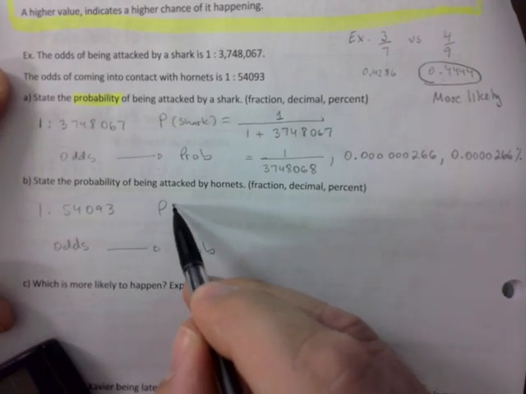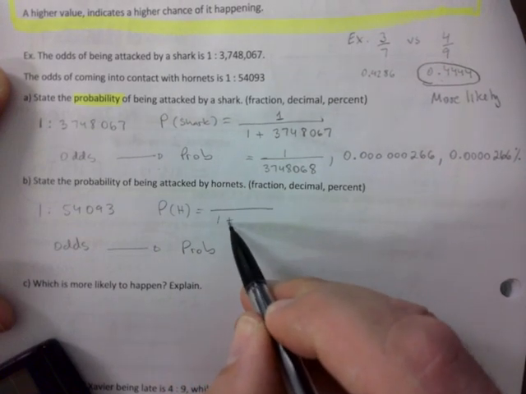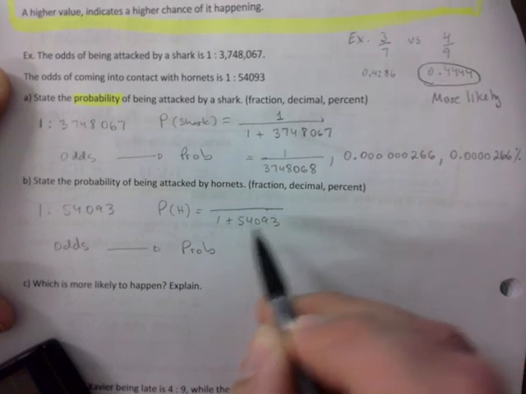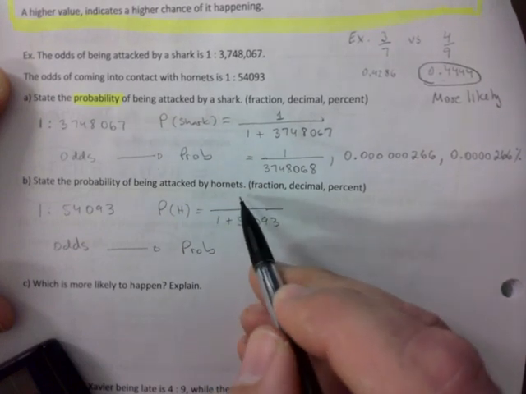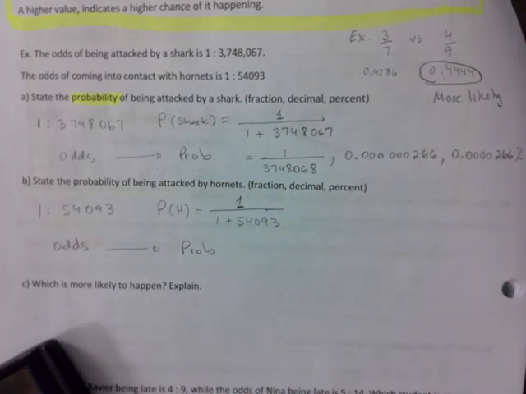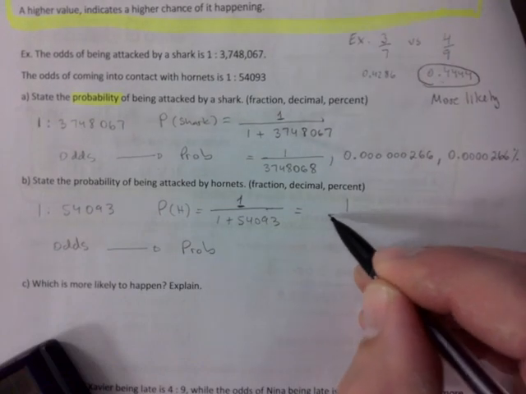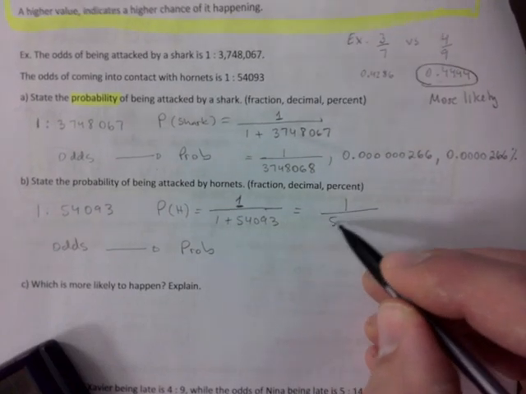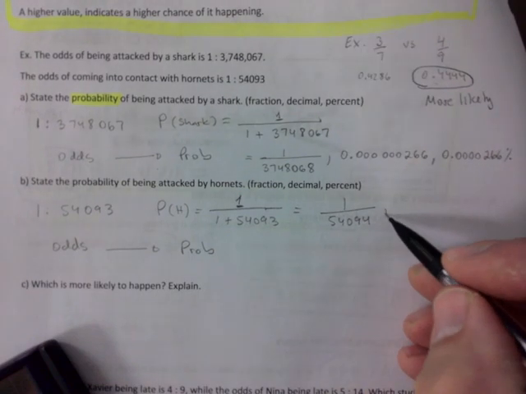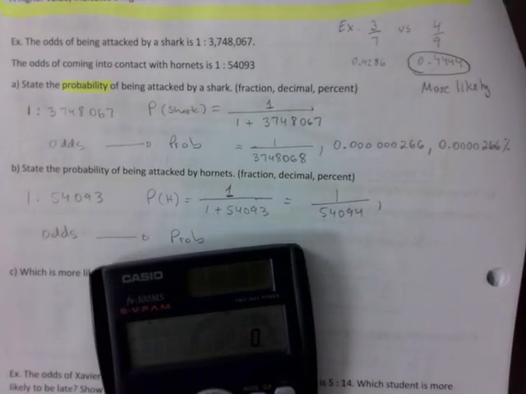So probability of hornet would be, again, 1 plus 54093 at the denominator, and then 1 goes at the top in this case. That's 1 over 54094. Okay, let's see what that is as a decimal.